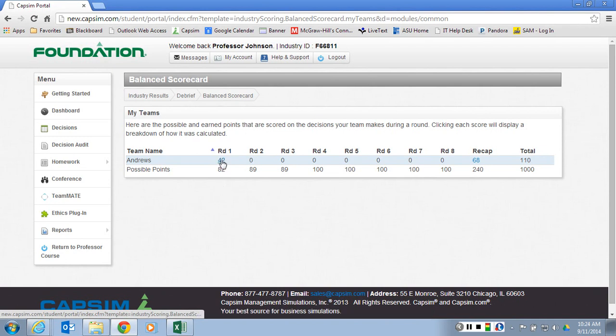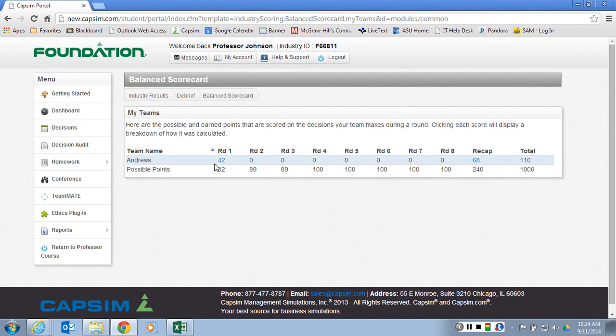And each one of these has got different measurements. Round to round is going to be more isolated. How did I do just specifically for this round? So it's really only measuring that round. And recap is going to be measuring more long-term measurements. And we're going to see that. So this score will grow as your company grows and gets better.